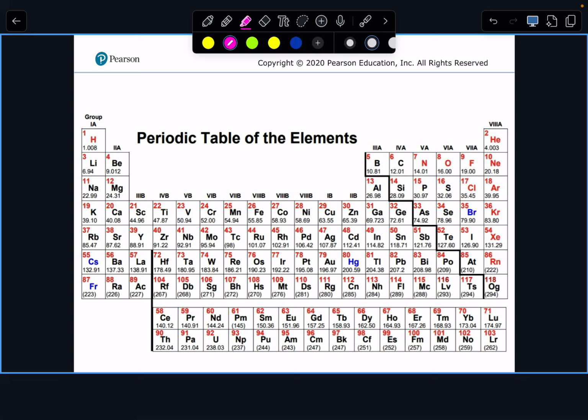Okay, so 1 through 36. Silver, gold, mercury, and lead. So all of those, you should know name and symbol interchangeably.